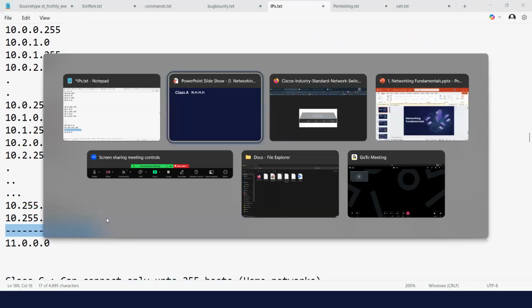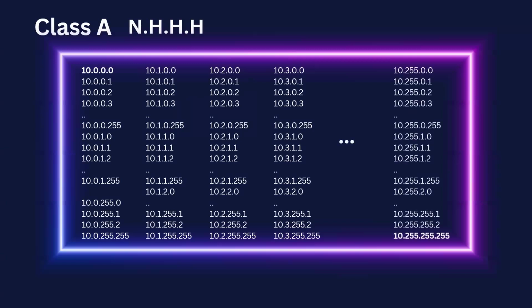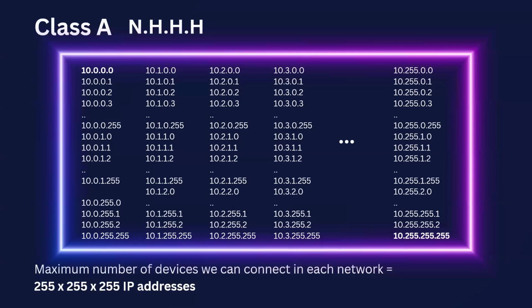So all of these belong to one single huge network, and in this one network, I can connect a maximum of 255 into 255 into 255 IPs, which is a much larger network. So that is the relevance of each class, guys. Class C for small networks, class B for connecting larger networks.